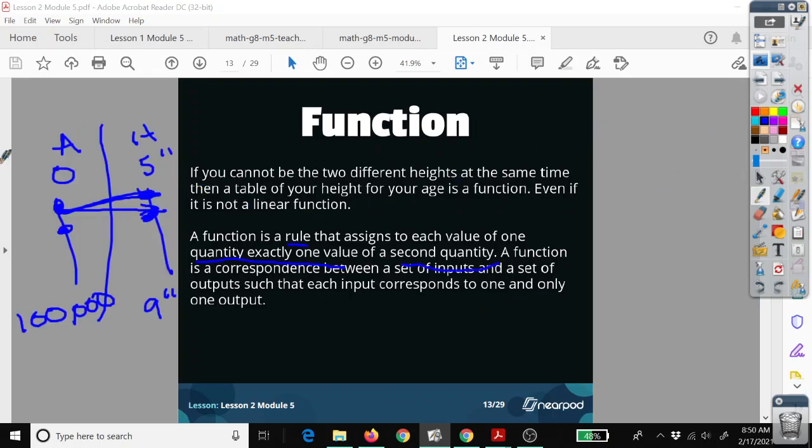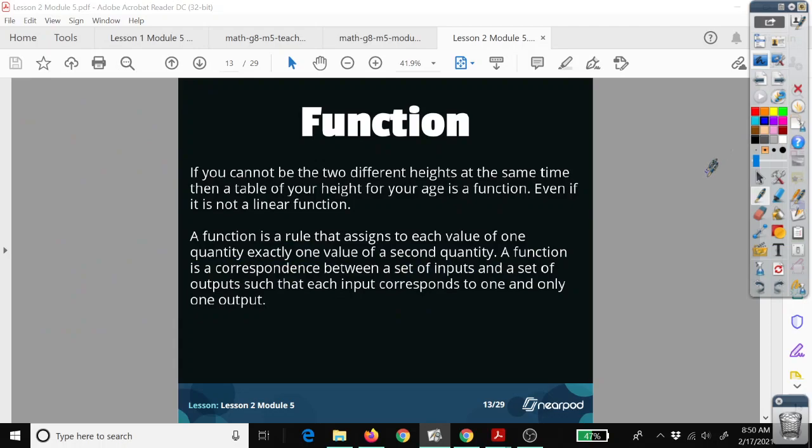These are my inputs, my age, and these are my outputs, my height. And every age will have one and only one height. They may go to the same height, but each input will only point at one output. That's what corresponding means.